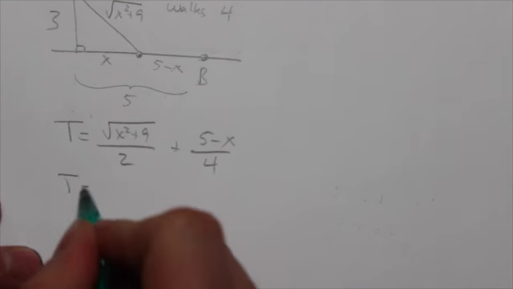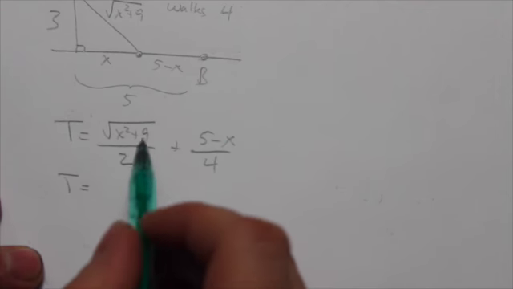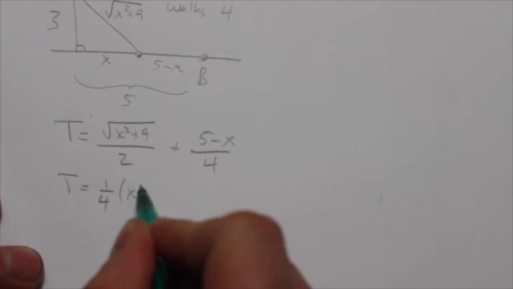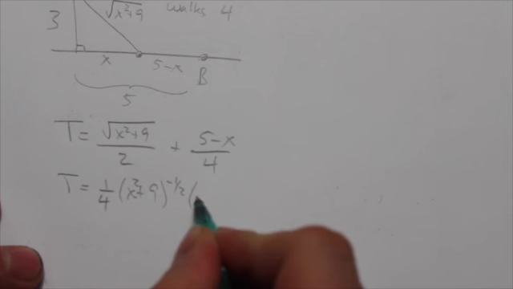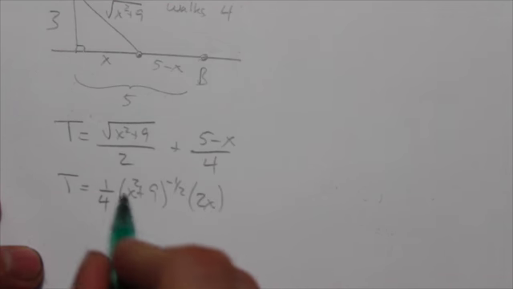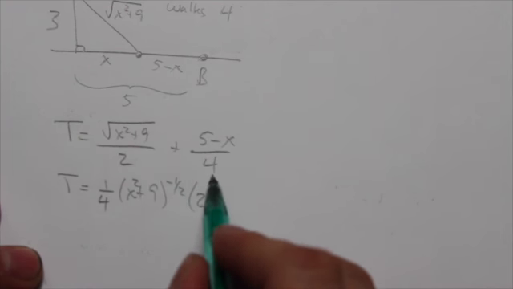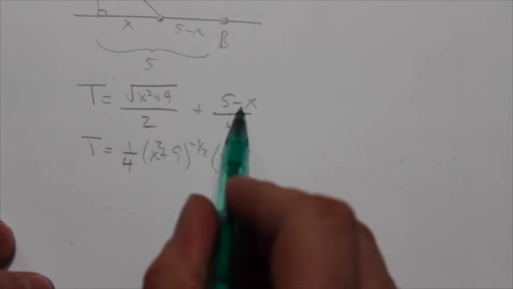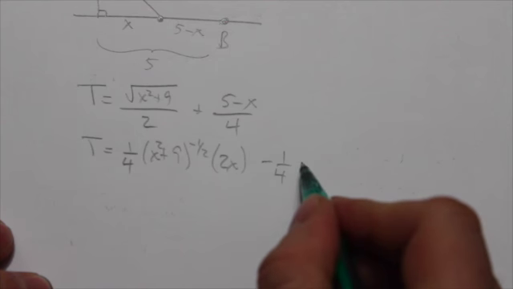Now, when we take the derivative of this, we are going to bring down a half. There's already a 2 down there, so it's going to get us a quarter times x squared plus 9 to the negative 1/2, and then we use the chain rule, times the derivative of what's inside. And then over here, the 5 over 4, take the derivative of that, we're just going to get 0, and then we're left with negative x over 4, and so we get a negative 1/4.